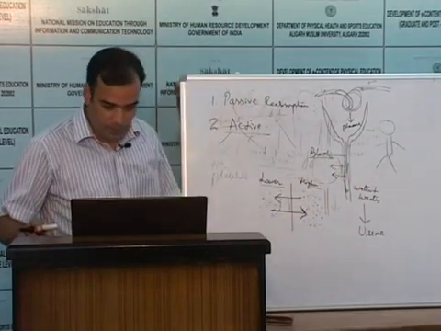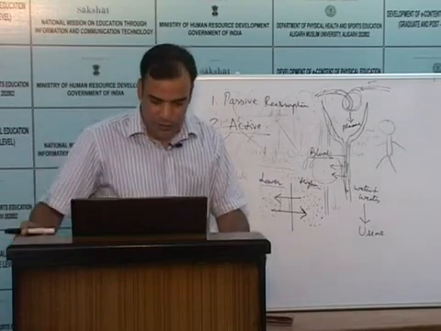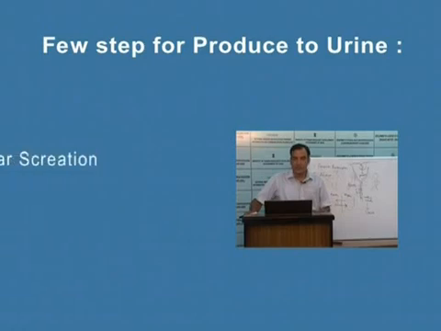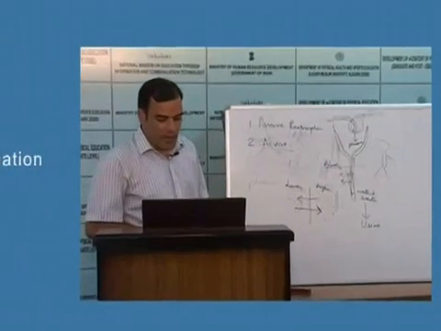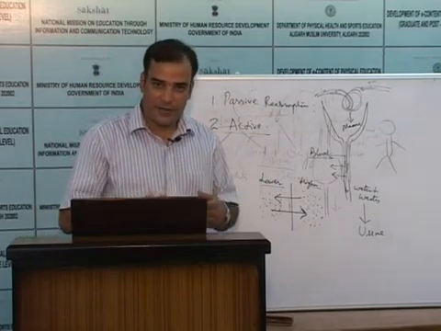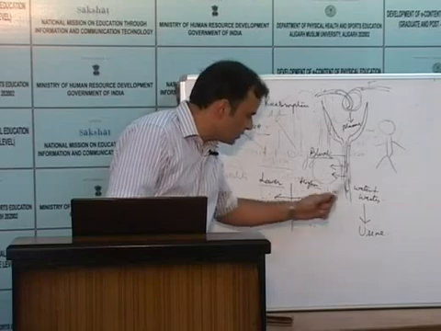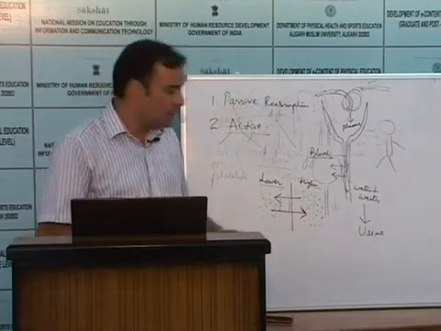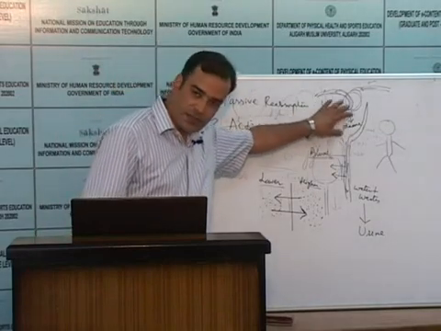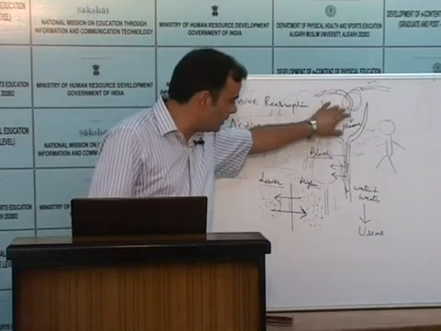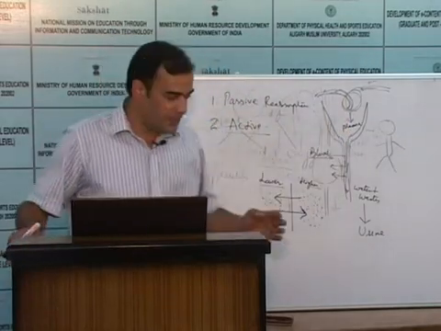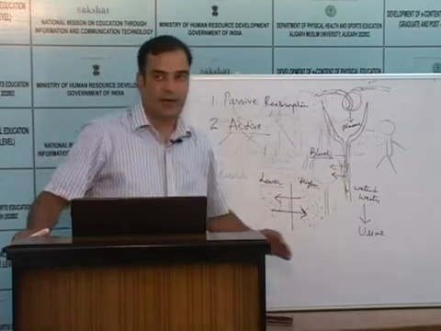Now, another process that takes place in the final formation of urine is called tubular secretion. Tubular secretion means that certain substances are directly secreted into this to-be-formed urine, into these tubules. Apart from the excretion of waste from blood through this filtrate into the tubules, certain substances are directly secreted into this tubule by the kidneys.